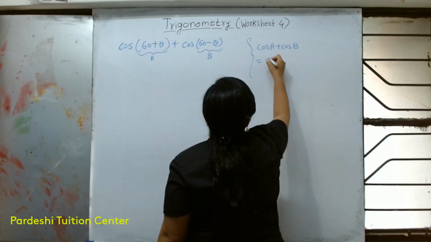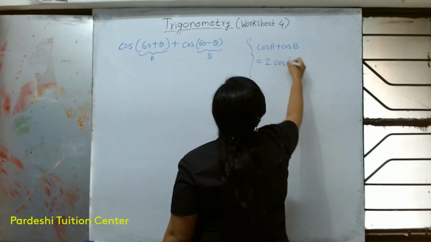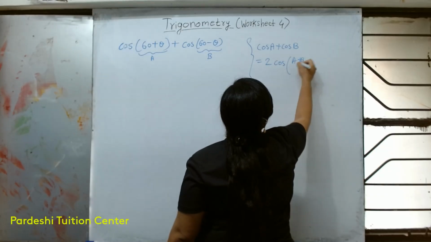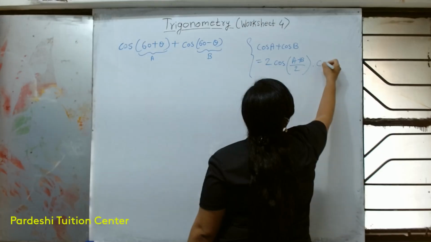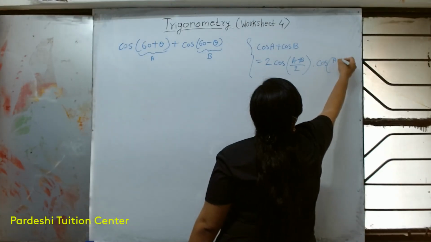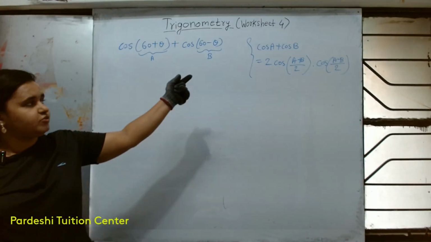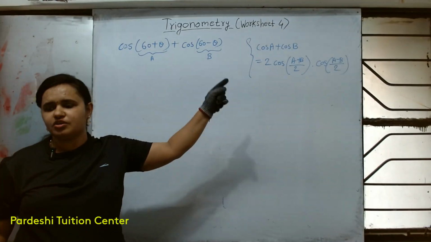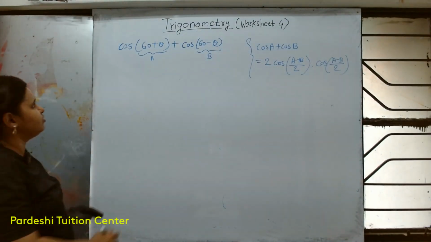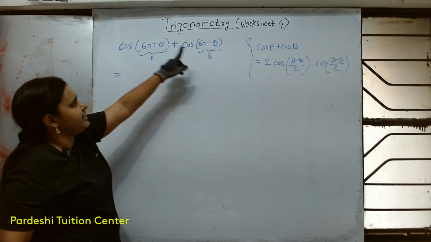Cos A plus cos B equals 2 cos of A plus B by 2 into cos of A minus B by 2. Now this is our A and this is our B.